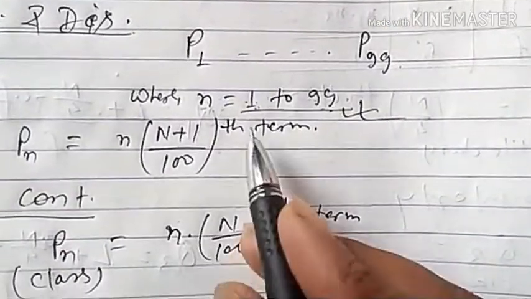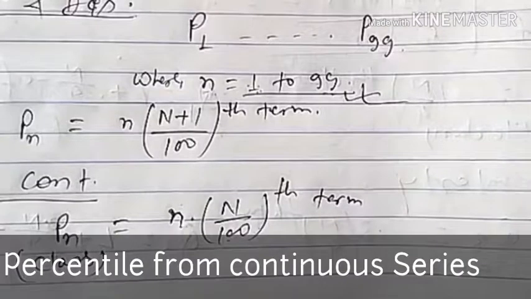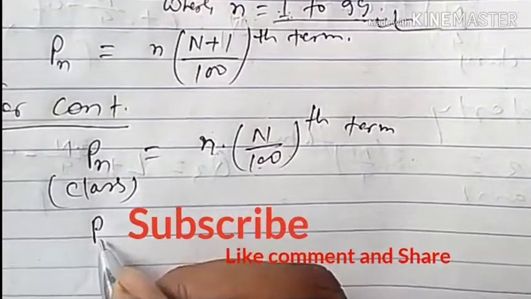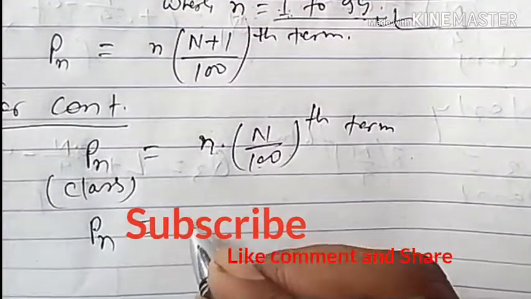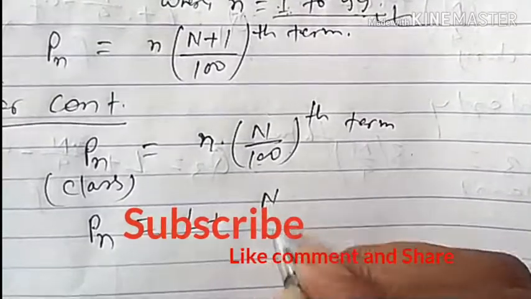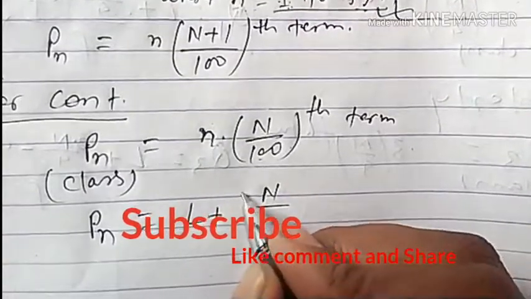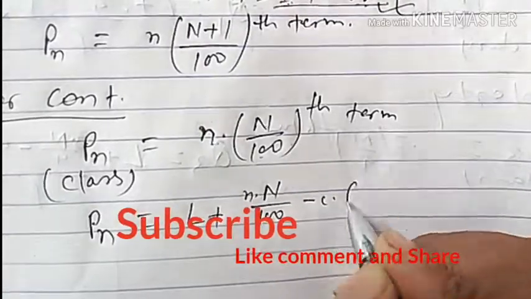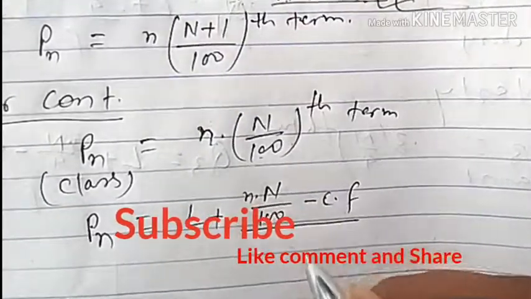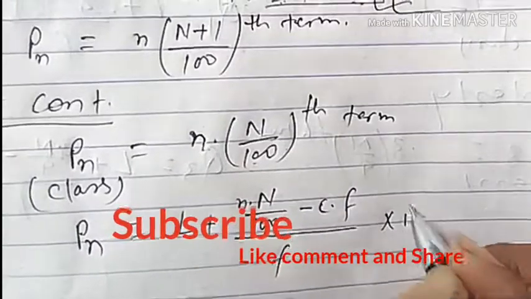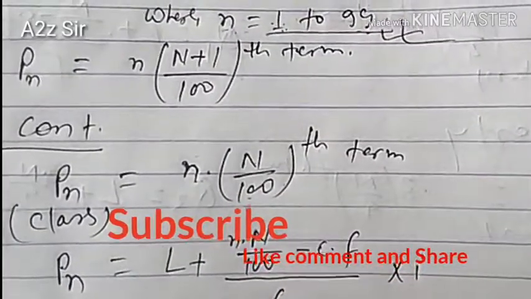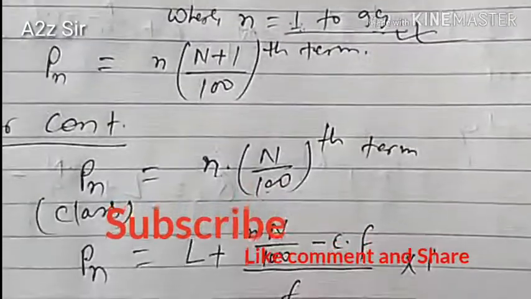This is the percentile class. After finding the percentile class, Pn is l plus (n into N by 100 minus cf) by f into i. This is the final percentile equation, and you can calculate.